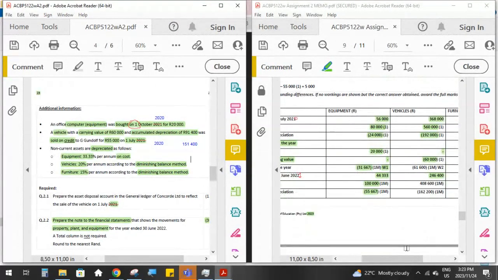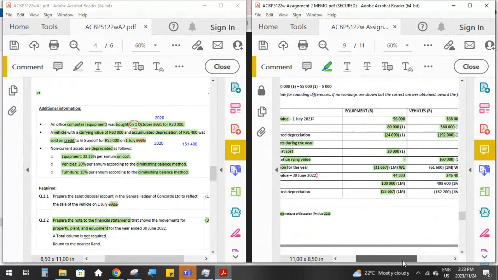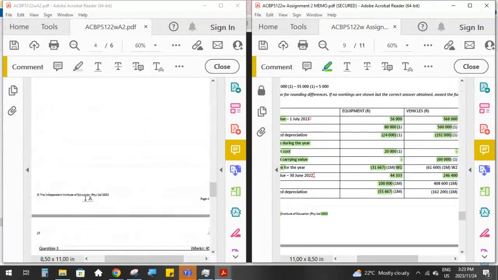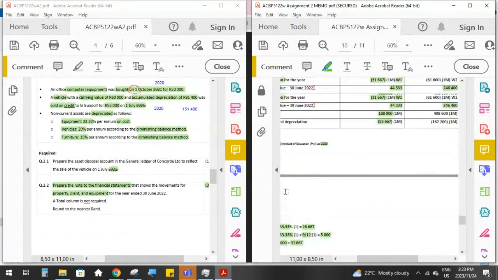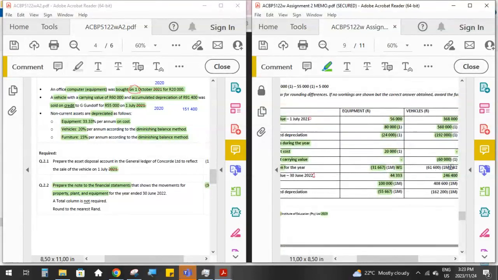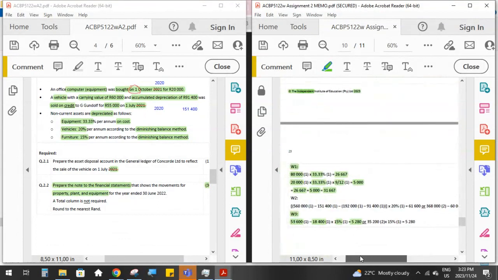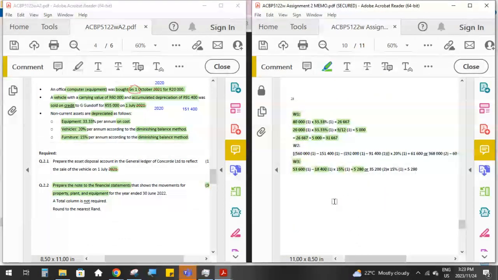So now, we must first do the depreciation for vehicles. So vehicles says that we must depreciate according to the diminishing balance method as well. Workings 2 is for vehicles depreciation. So we go down here to workings 2.